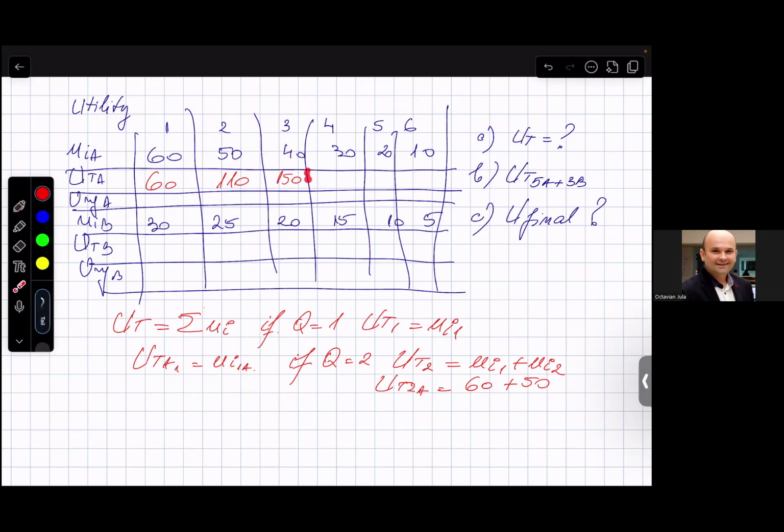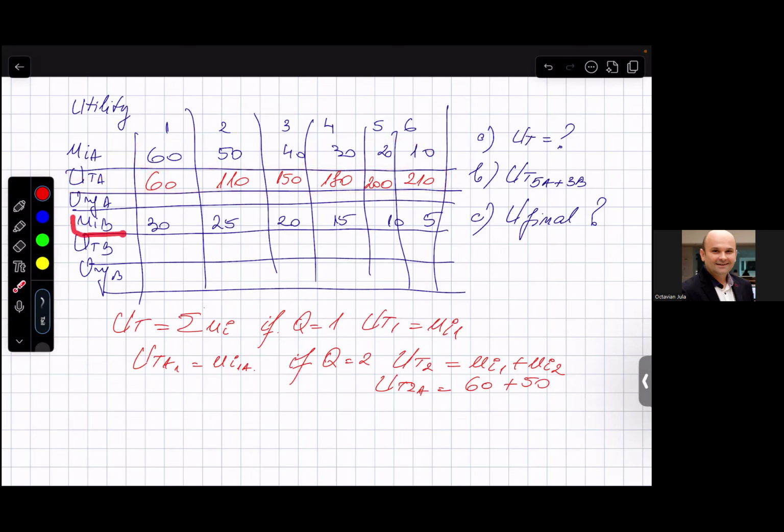Another possibility when we check the total utility of 4 units would be to take the total utility of the first 3 and add the fourth one, in this case 180. And so on and so forth, total utility of 5 units and total utility of 6 units. Each time I increase the quantity, the total utility increases by the individual utility of each of them. This was the case of product A, where we were adding the individual utility of A.